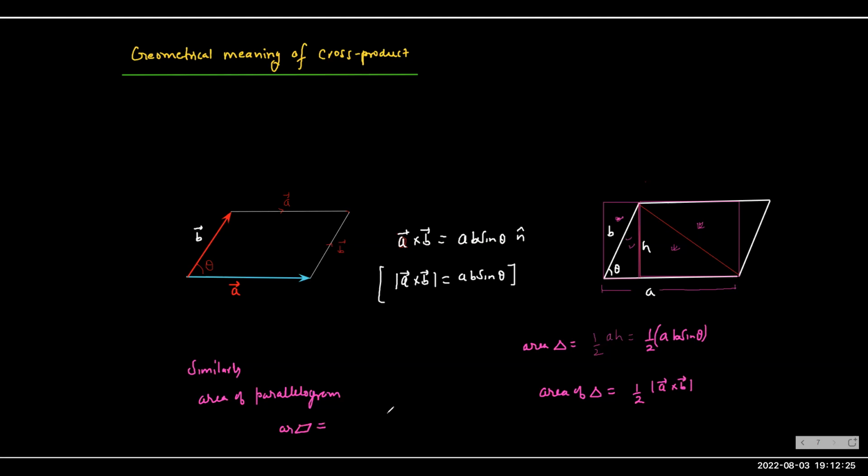So similarly, the area of a parallelogram is how much? Isn't it just twice the area of triangle? Can I say the area is just double the area of triangle? Tell me guys, yes or no? So can we say it is exactly A cross B?